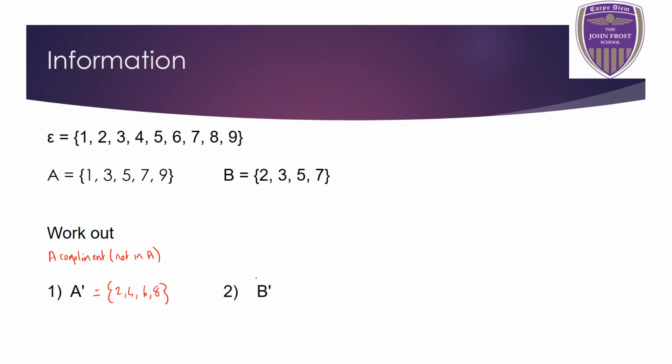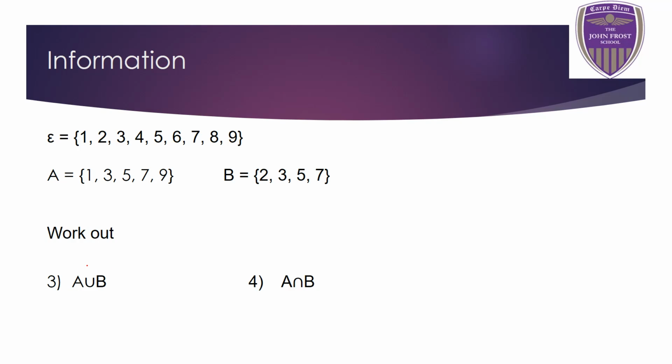And this is B complement, so that means everything not in B. So have a look at set B. What's not in B from the universal set? Well, 1 is not in there, 4 is not in there, 6 is not in there, 8 is not in there, and neither is 9. So there's my B complement set, and there's my A complement set.